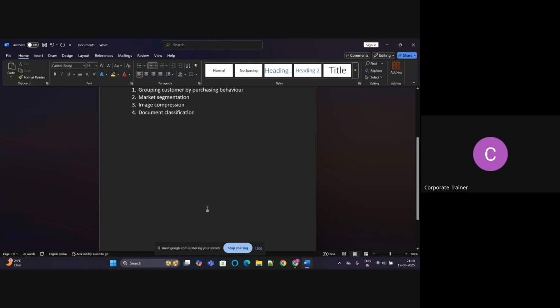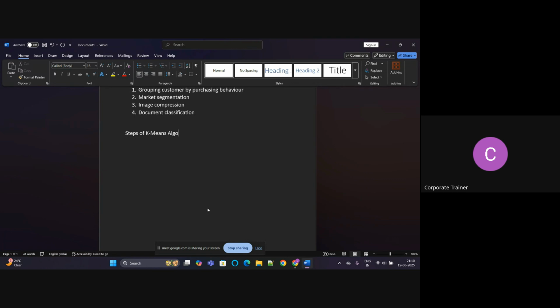Now we learn some steps that can help you figure out this algorithm. I'm writing here the steps of the K-means algorithm. Here you have to focus.